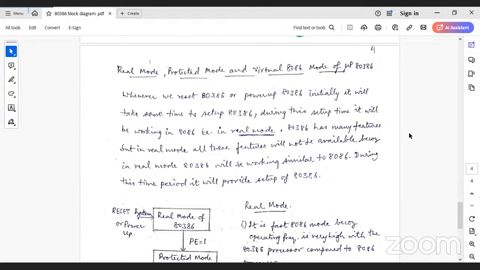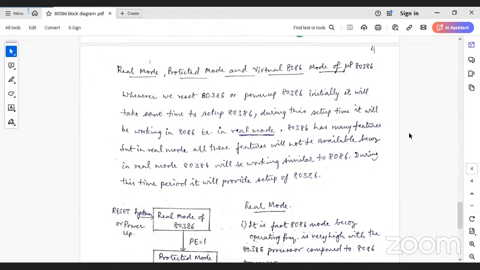In the last class, I told you, when you are starting your system, initially the 286 and now the 386 also will be in the 8086 environment, or in 8086 mode. It takes time to boot; when your laptop or cell phone, which generally we don't switch off, but if we do switch it off and then on, it will take some time.